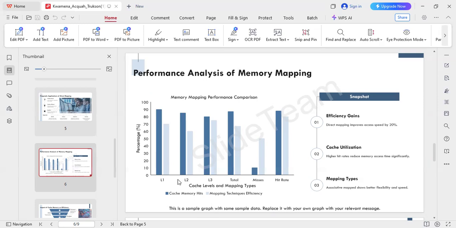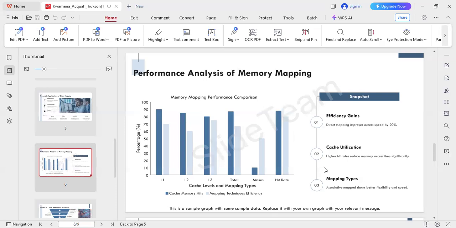From the diagram, we have efficiency gains. Direct mapping boosts access speed by 20%. Secondly, cache utilization.